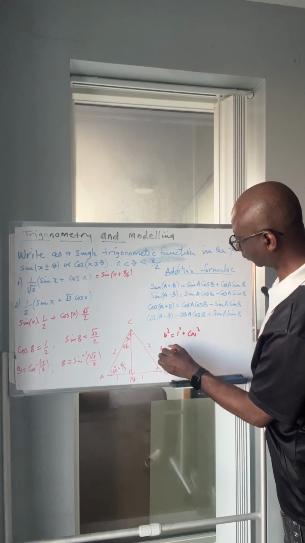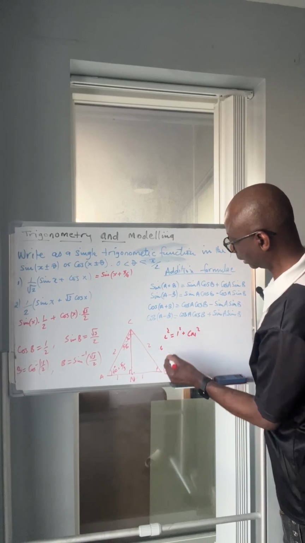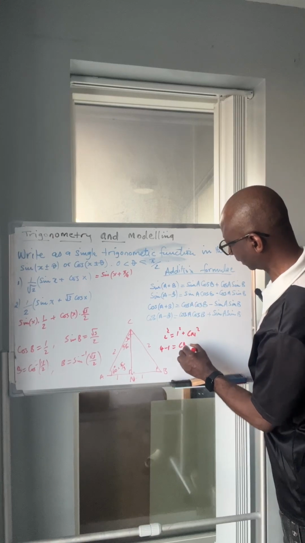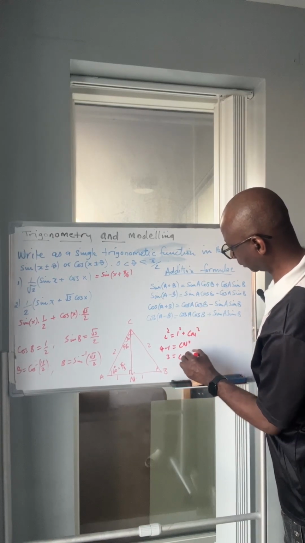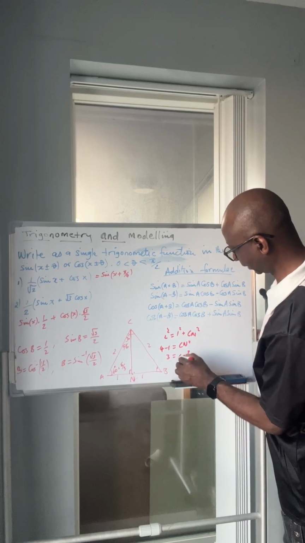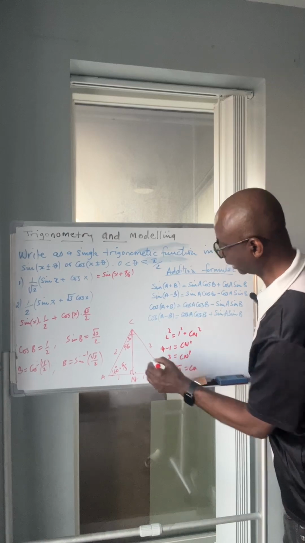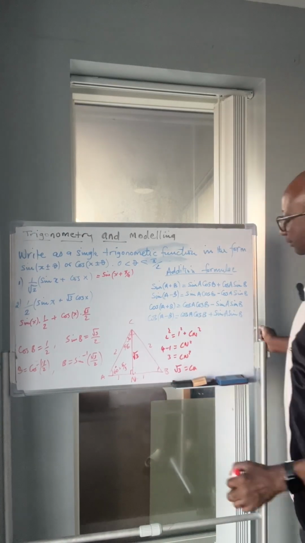So this becomes 4 minus 1 equals CN squared, so 3 equals CN squared. I want CN, not CN squared, so CN equals root 3. So this length here becomes root 3.